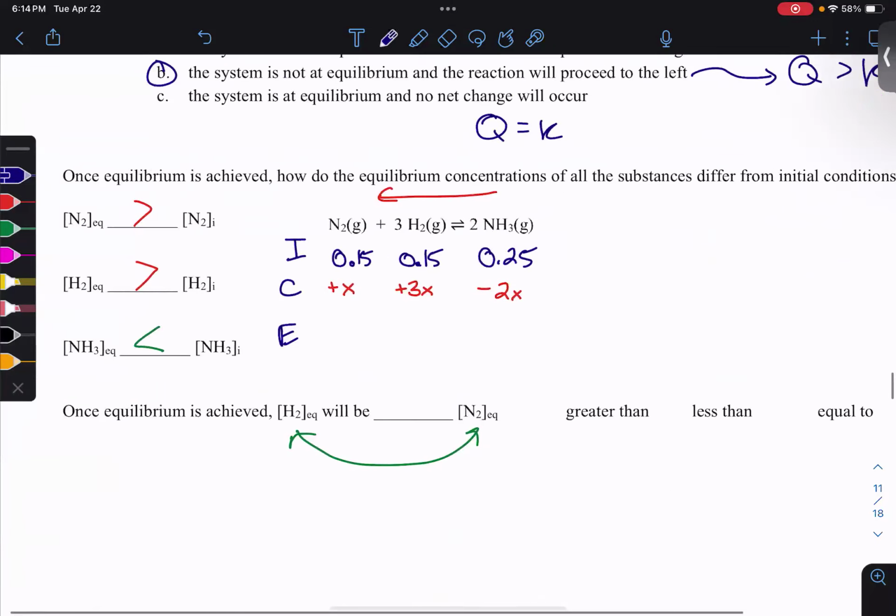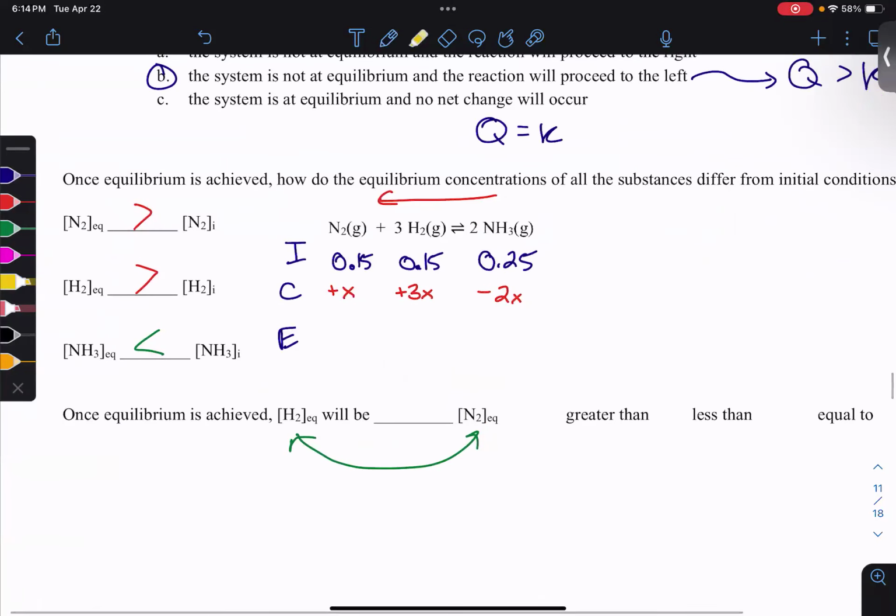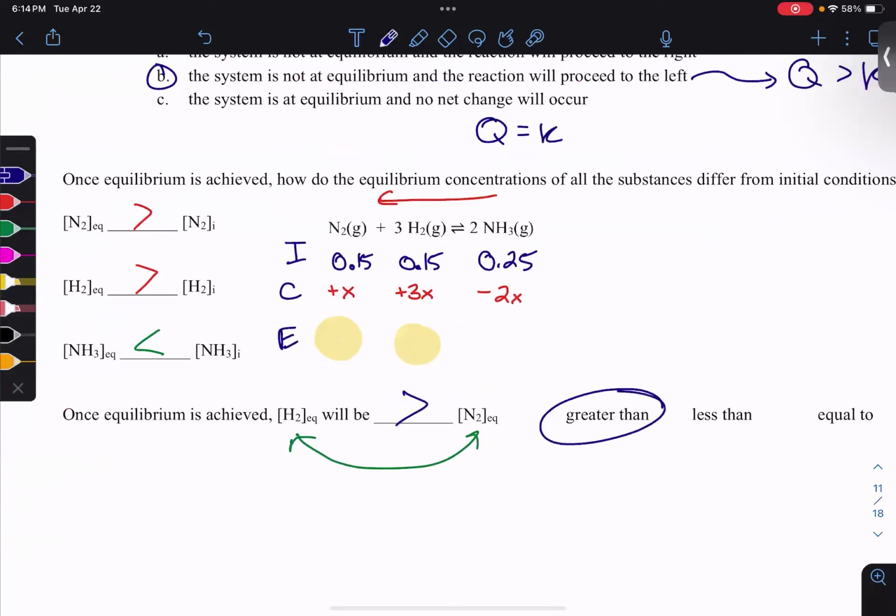So tell me, how does the equilibrium concentration of nitrogen differ from hydrogen? Which one's greater? It's going to be hydrogen, and the reason is because in the change line it is 3x. Because remember, the stoichiometry shows up in the change line, in the conservation of mass in that ICE table. Okay. Good, so that was 21.